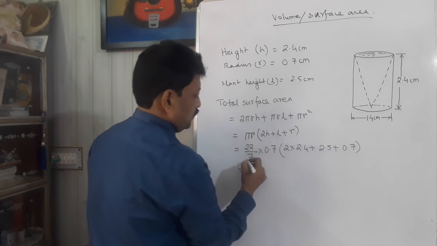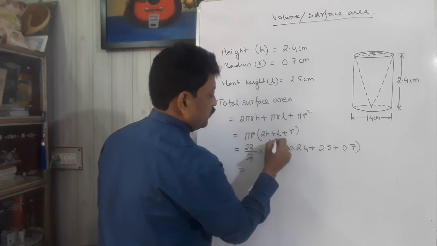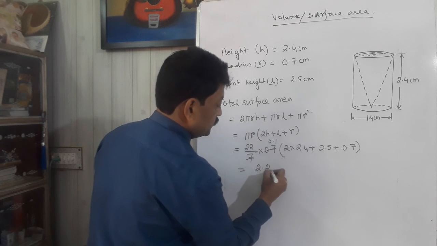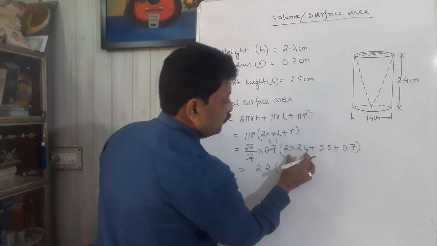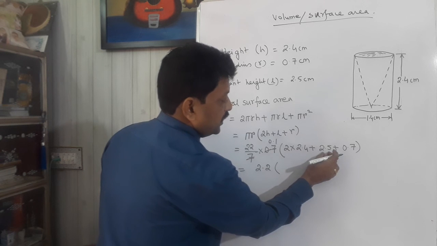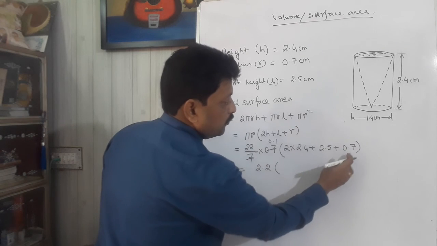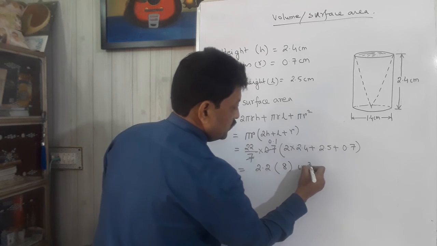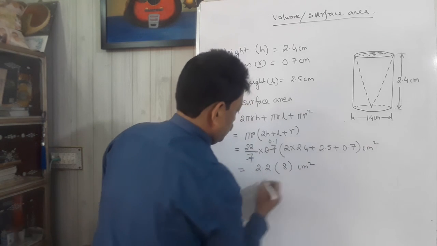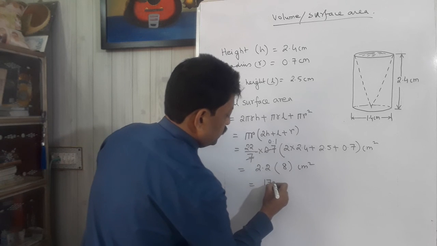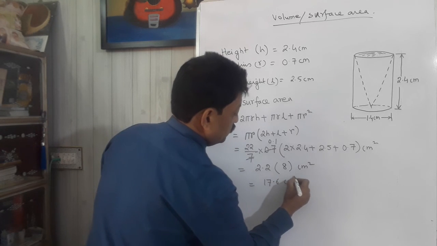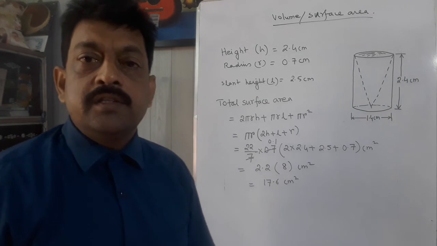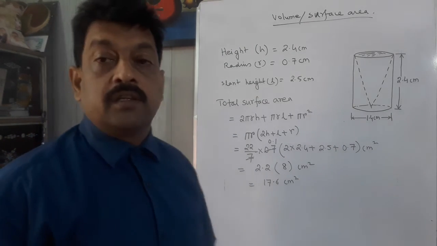So this will be cancelled, so it will be 0.1. 22 multiplied by 0.1 is 2.2, and this will be 4.8 plus 2.5, that is 7.3, plus 0.7, so that will make 8 centimeters square. So it will be 17.6 centimeters square is the answer. So total surface area is 17.6 centimeter square.